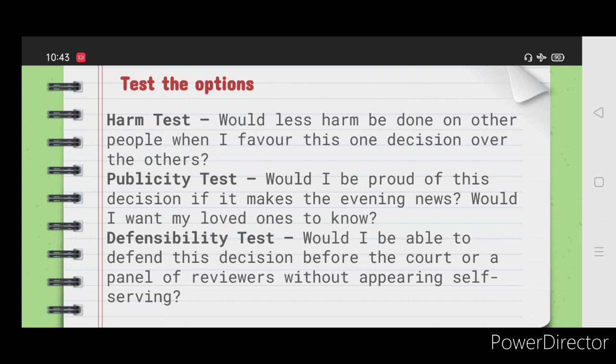So when I say virtue ethics, it is less about how right or wrong a particular action is and more about the character of a person. Okay? So in this test, the action is judged in terms of what it says about the person rather than on the effects the action may have.